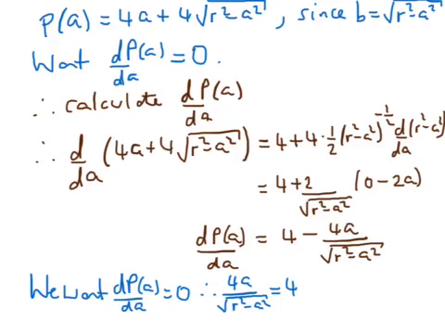So at that stage we realise that we can immediately cancel the 4's, and we will be left on the right hand side just with a factor of 1. And we can then multiply both sides by the square root that was on the bottom, and we obtain that a is equal to the square root of r squared minus a squared.